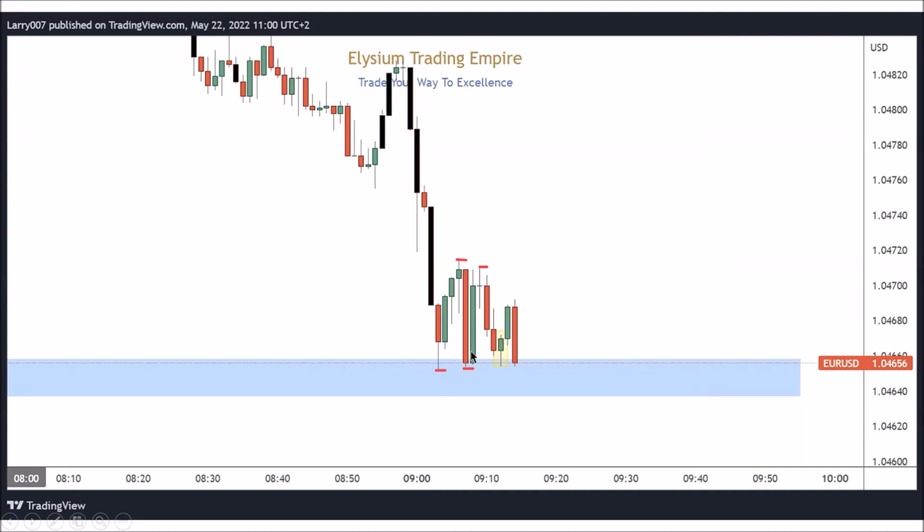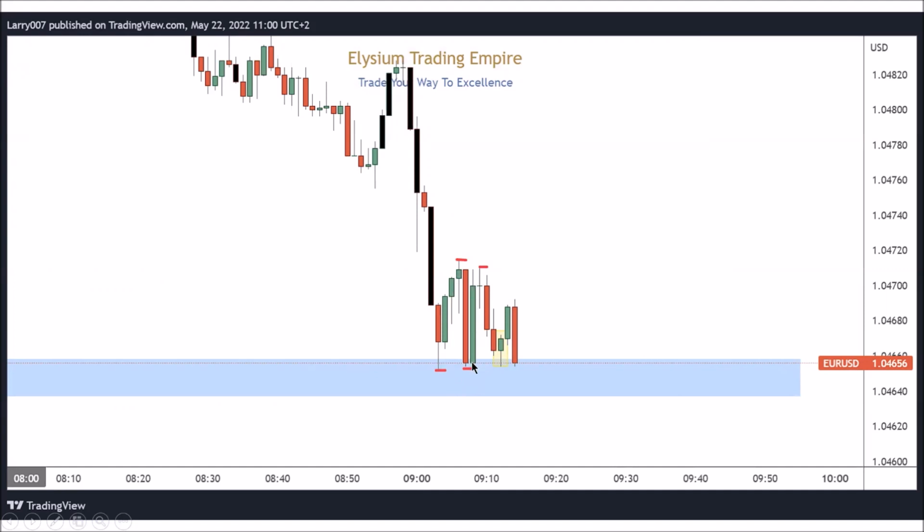If this candle was here, so failed, you make the first move, you fail to make a new low, you create a new higher low with such type of candles, then I would take the buy here as an entry and stop loss below.